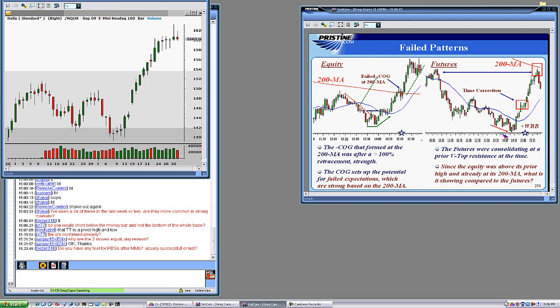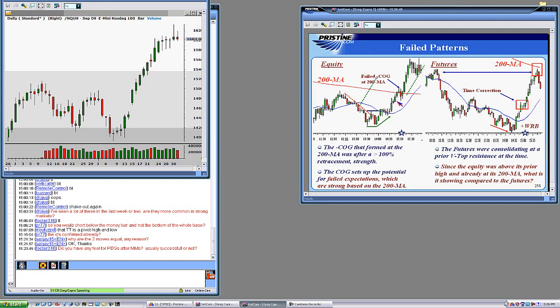We're comparing what this stock did to the futures. Futures are making lower lows, and it's making a higher low. The stock's starting to show relative strength. They consolidated at an area of resistance, so demand continues to pick up. You have to be thinking long.